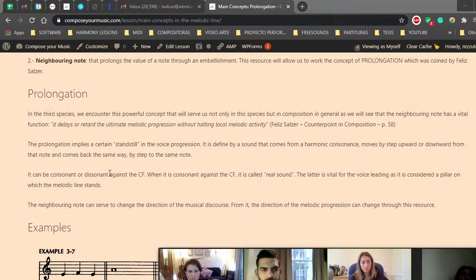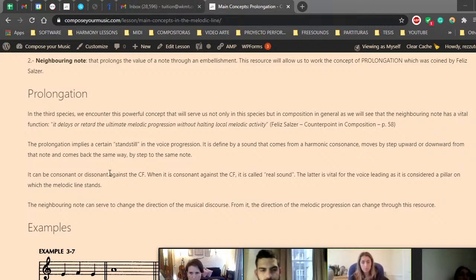That is the definition of this prolongation or neighboring note. From a harmonic note, it goes upward or downward from that note, creating a dissonant interval against the cantus firmus, and then goes back stepwise to the same note from which it came, which has to be a consonant as well.